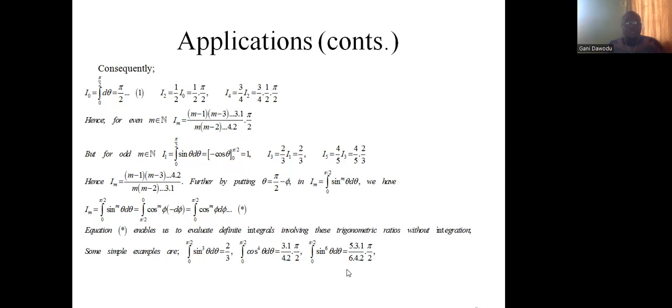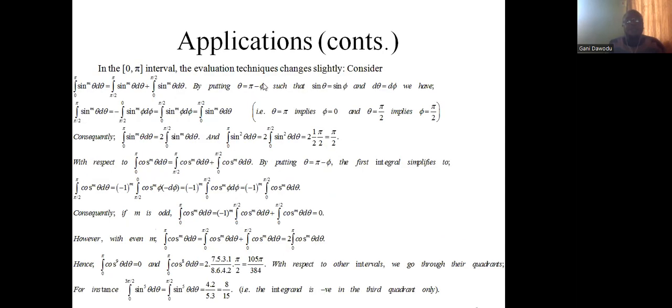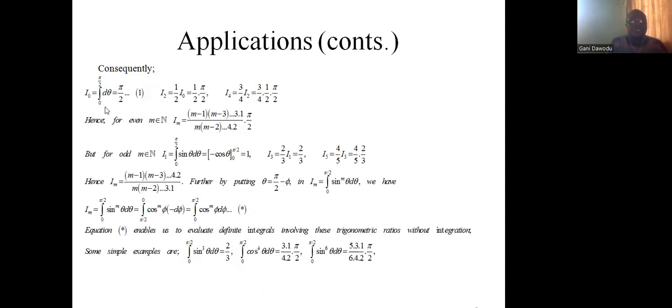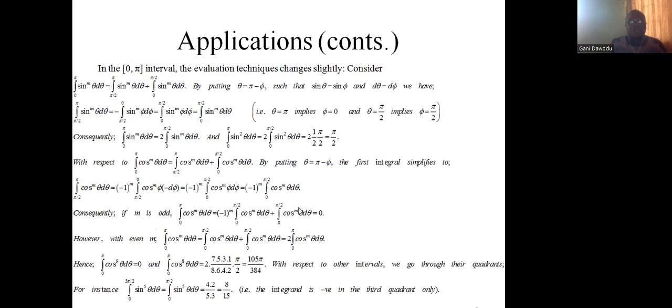All right. These are very easy examples that follow from that. Further applications now. The example we've been looking at is in the interval 0 to pi over 2. If you are in 0 to pi, then you are going to study the integrand and see how it behaves in the first quadrant and in the second quadrant.